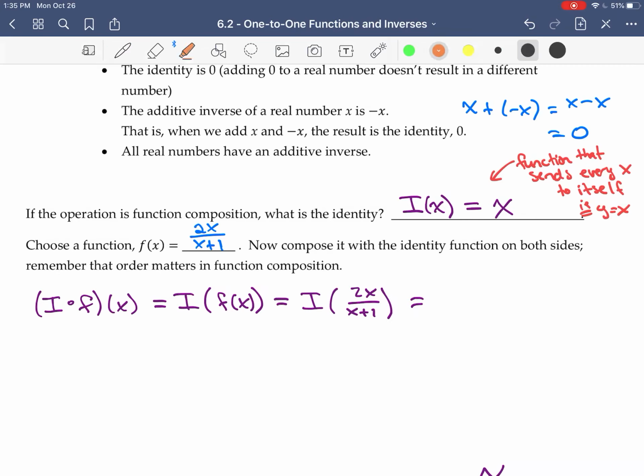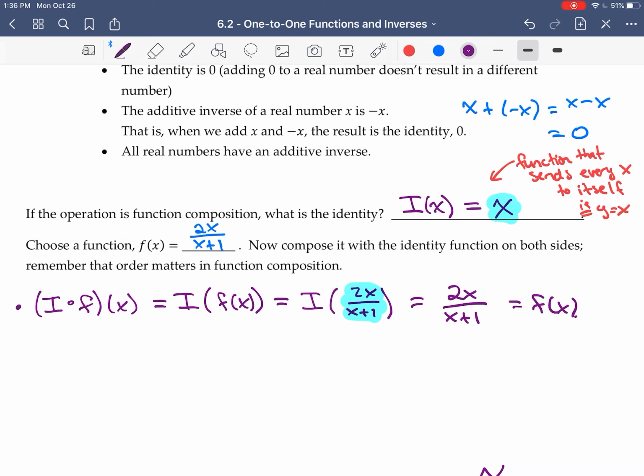When I do I of this, this is like my input, and I just put that in for all the x's in the formula. So I get 2x over x plus 1, which is f of x.